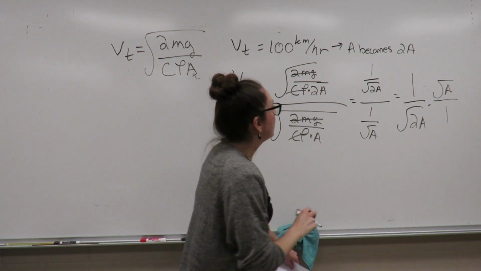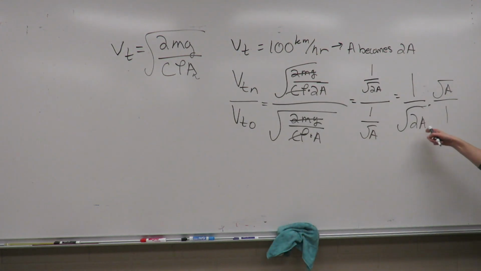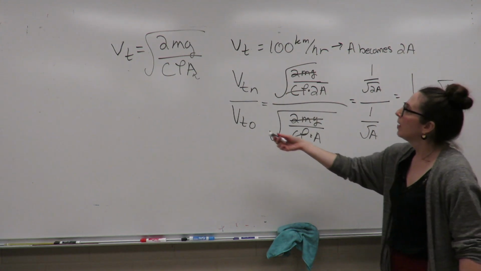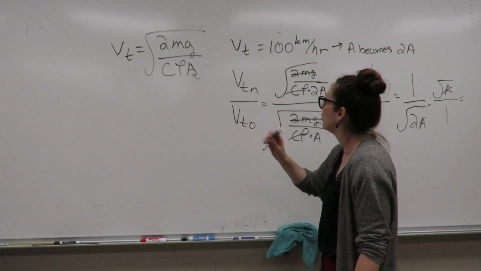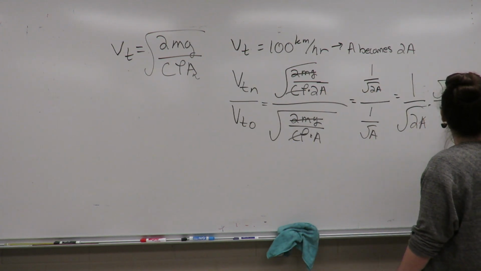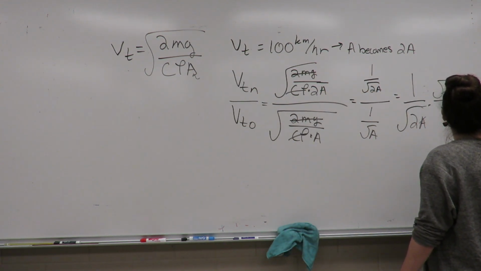Okay? And so both of these square roots of a on top and bottom cancel, and then I'm left just with the ratio of the new terminal velocity of the cat to the original terminal velocity of the cat is 1 over the square root of 2.